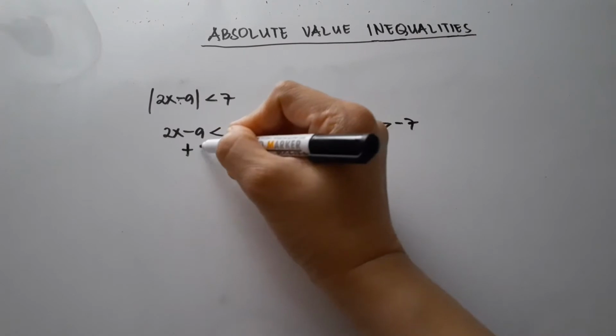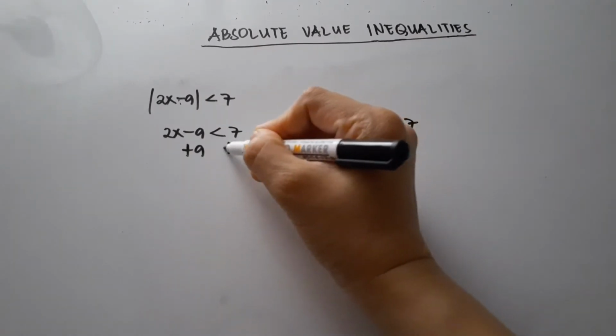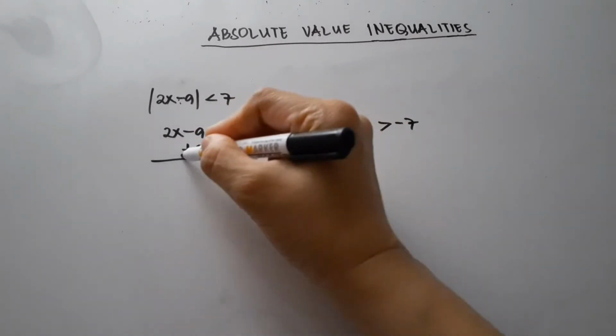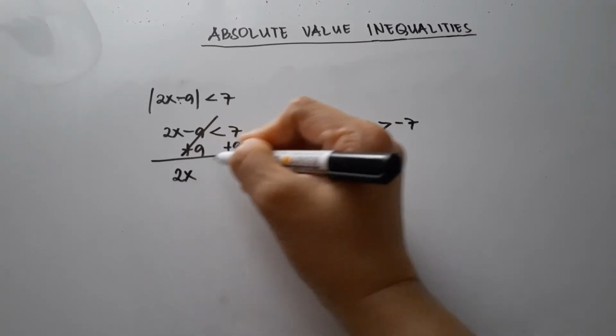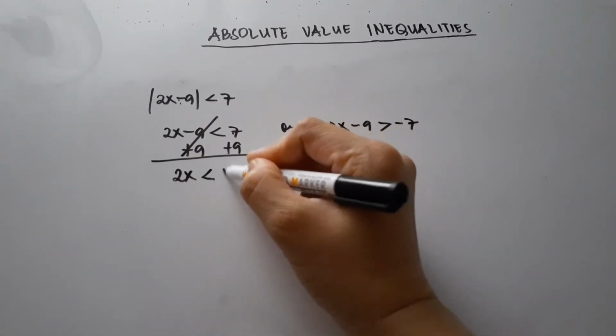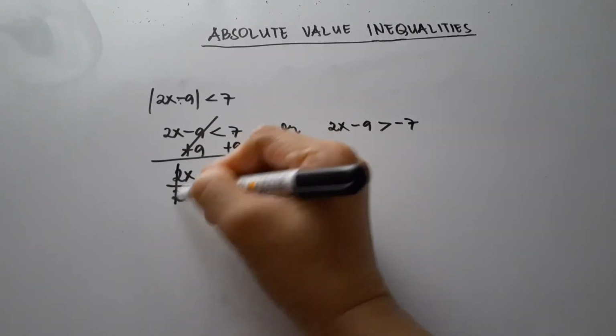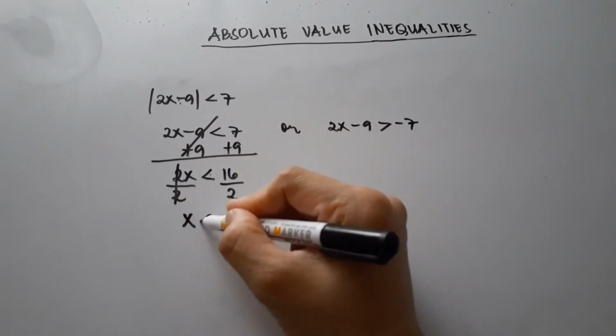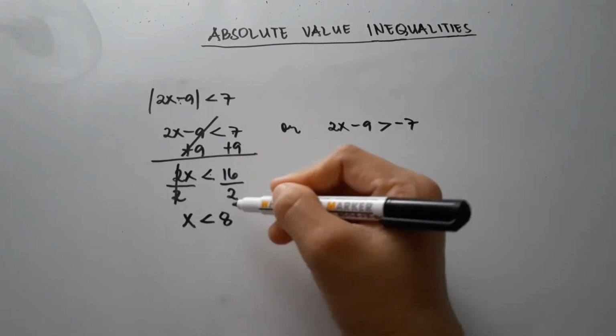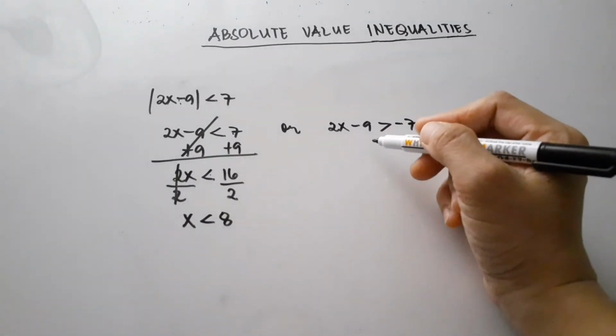We solve the first by adding positive 9 to each side. 7 plus 9 is equal to 16, so we divide each side by 2, and x is less than 8.